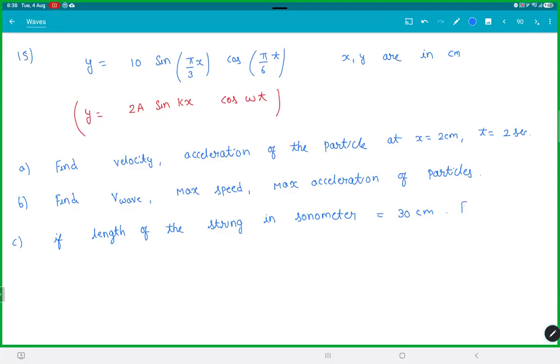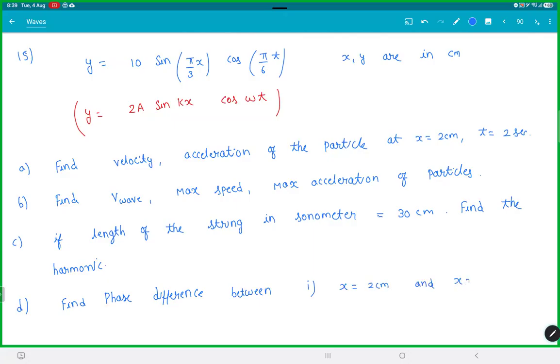Which harmonic is this? Find the phase difference between the particles at x is equal to 2 centimeters and x is equal to 2.5 centimeters.